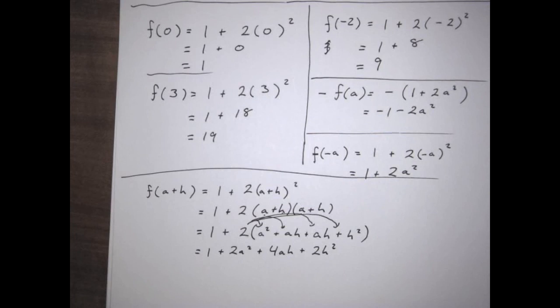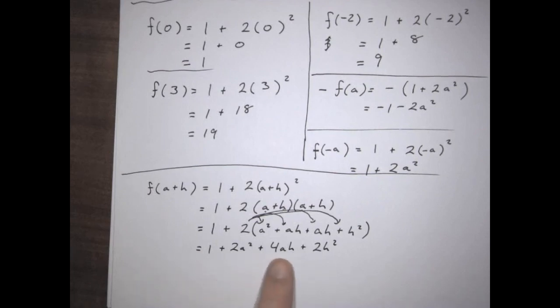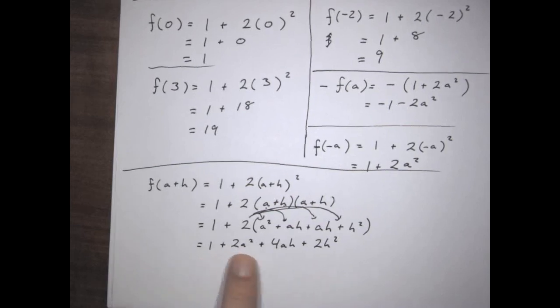But to be like terms means you have to have the exact same variables to the exact same powers. And no two terms of this, so the terms being that one, that one, that one, and that one, have those same factors to the same powers. We have just a constant, we have an a squared, we have an AH, we have an h squared. No two match up.